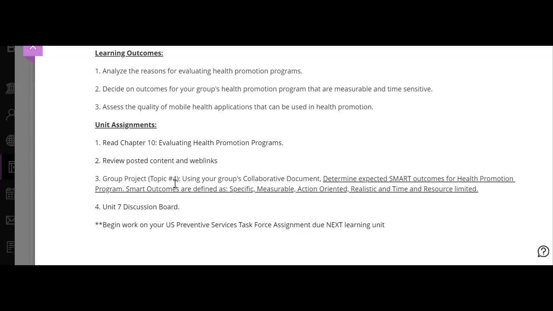But for purposes of this learning unit, we're going to be reading chapter 10. That's about evaluating health promotion programs. We do that by developing outcomes.